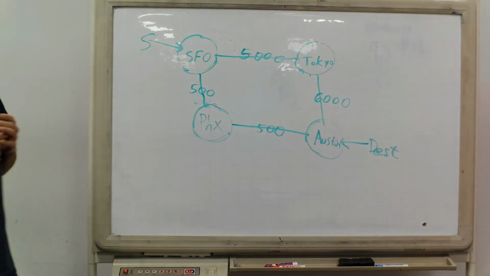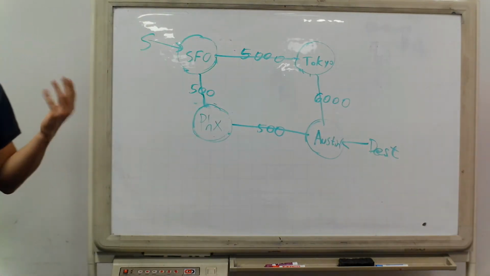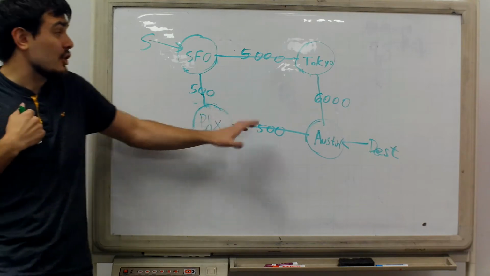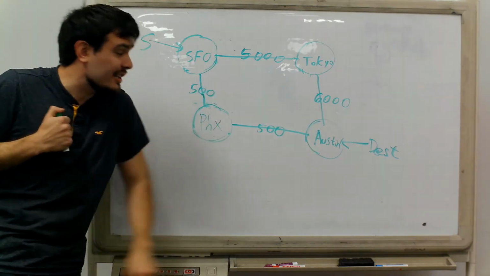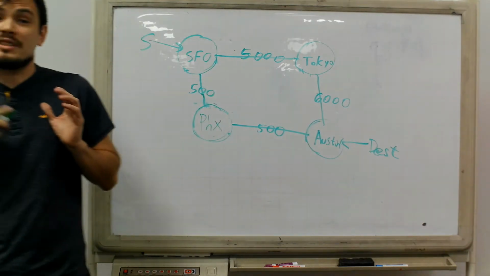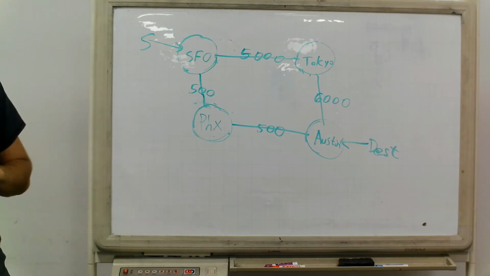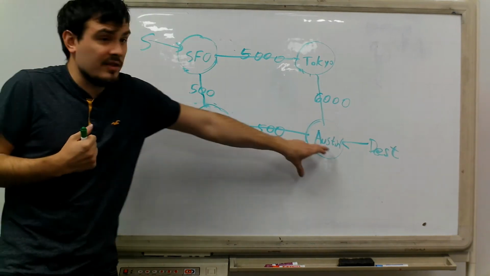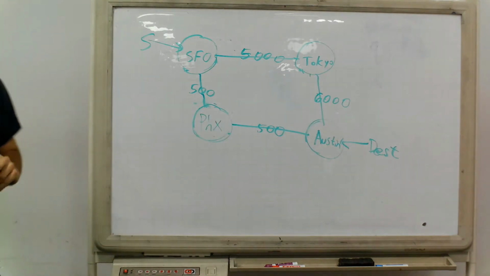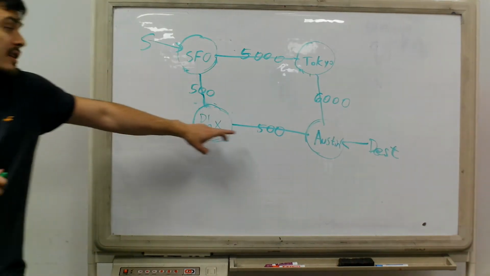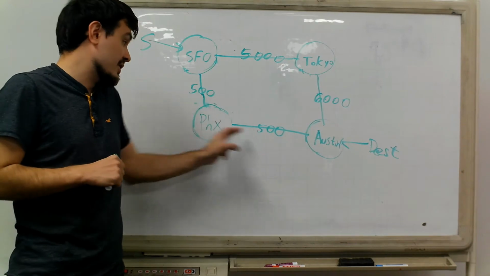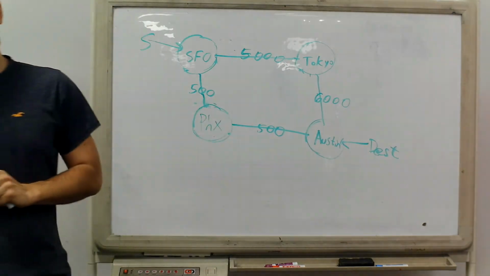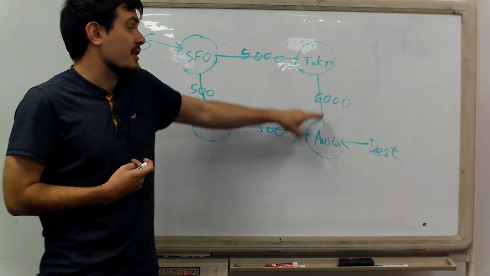So now we can ask the question: find the shortest path from SFO to Austin, where shortest is not defined as the number of hops, but is defined as the sum of the weights of that path. So here we'd be looking to discover this path, because its sum of the weights is only 1,000, which is much, much smaller than 11,000 miles.